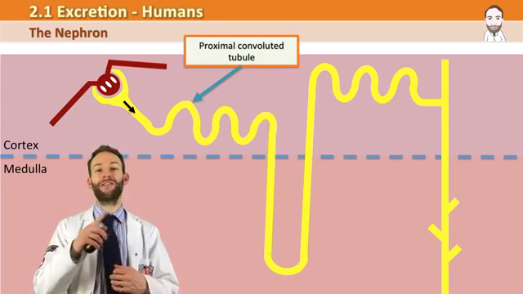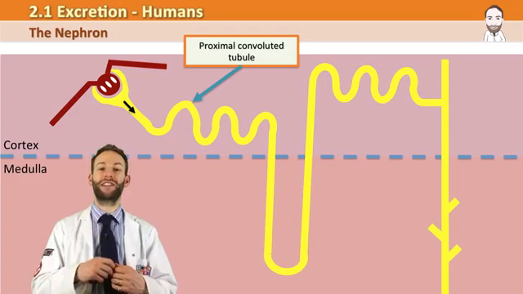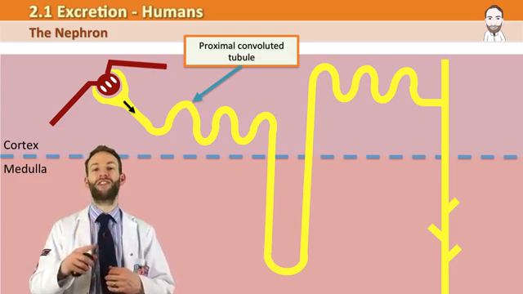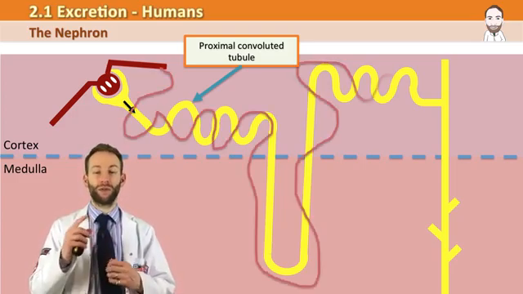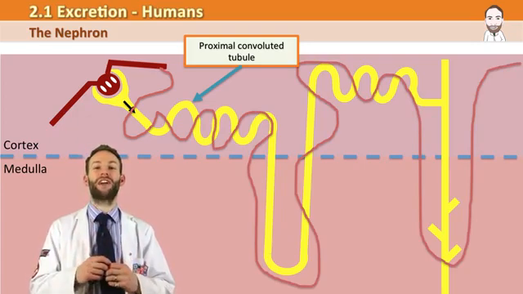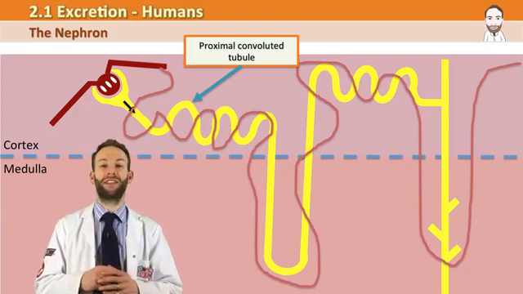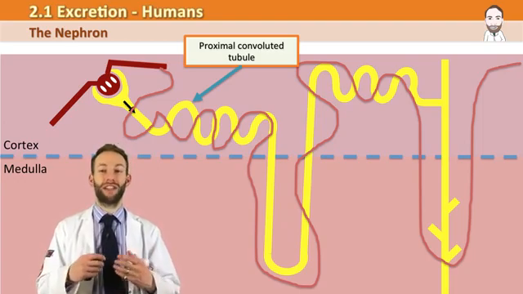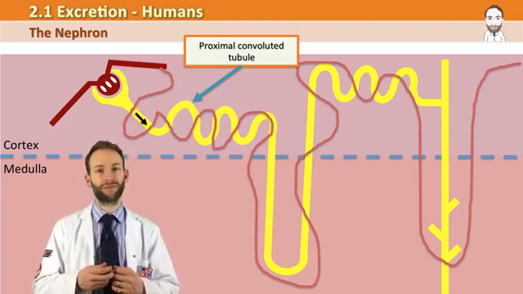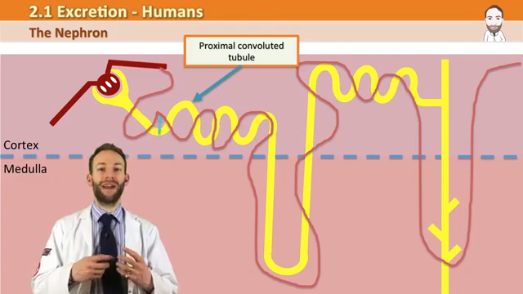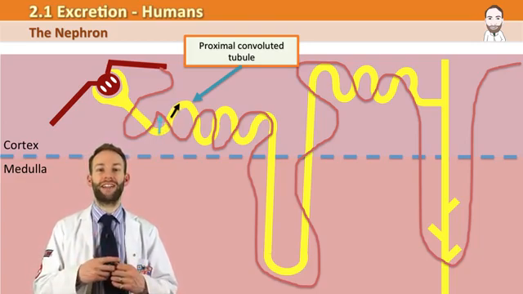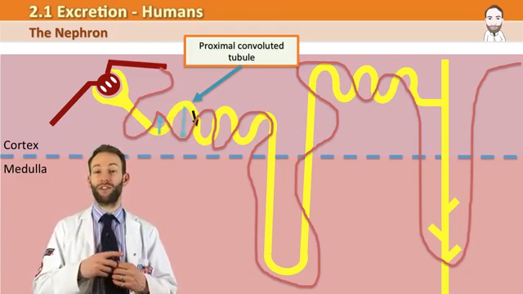The blood from the efferent arteriole that left the glomerulus carries on its journey and wiggles around the nephron so that the molecules can pass back into the blood where they're needed. Most of this happens by diffusion.